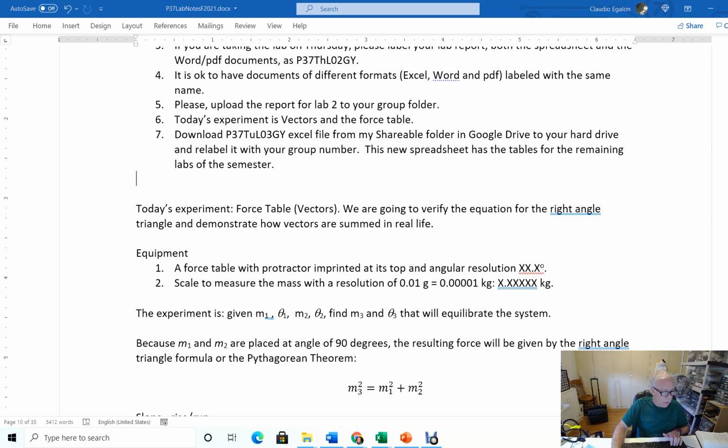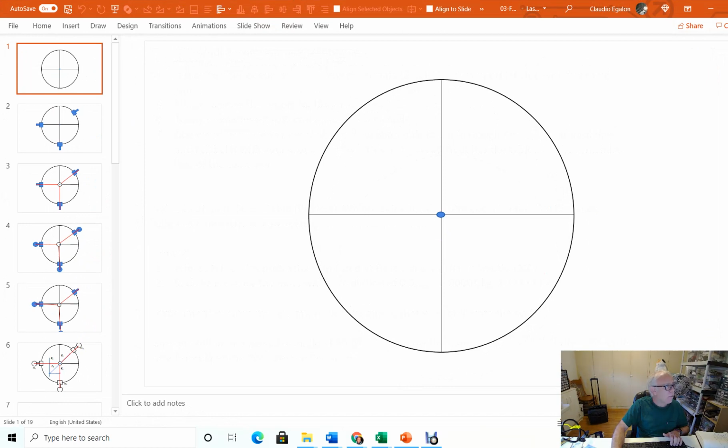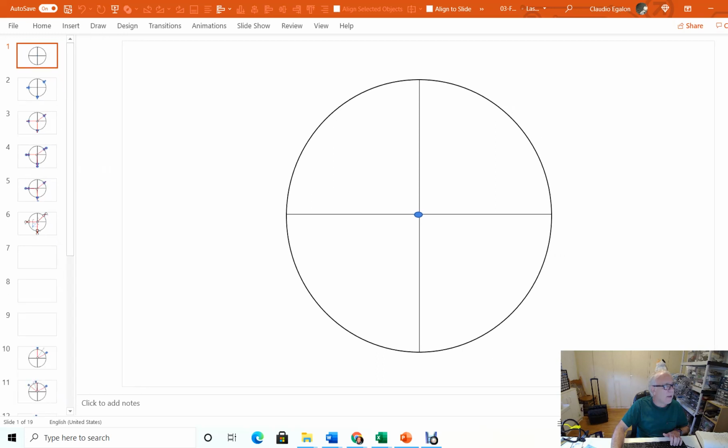Okay, the drawing of the force table is something like that. It's a circular table. I didn't put the degrees right in here, but that's how it looks. You have a graduated scale in degrees on the top, going from 0 to 360 degrees.